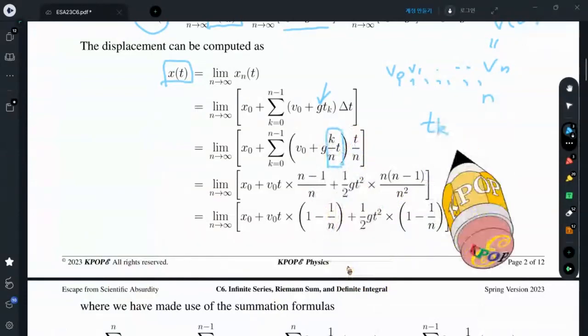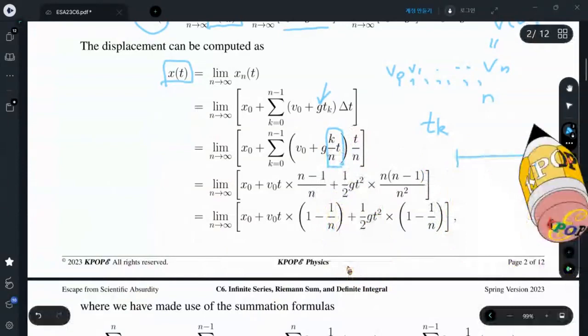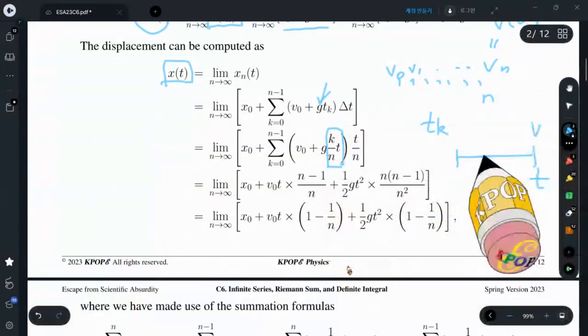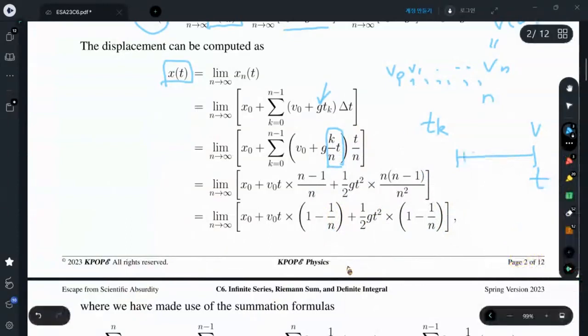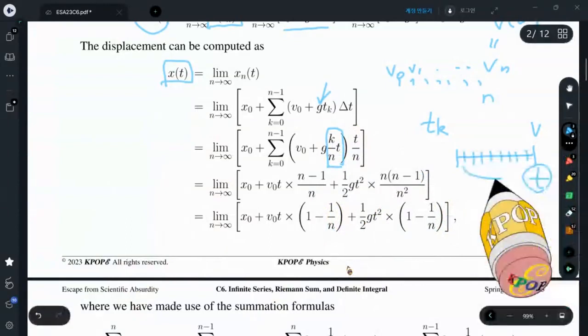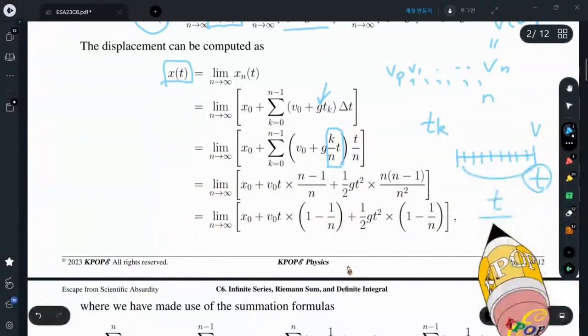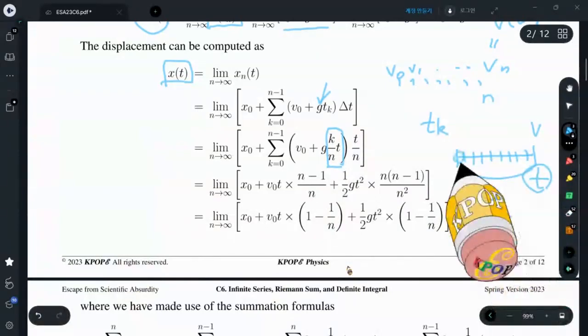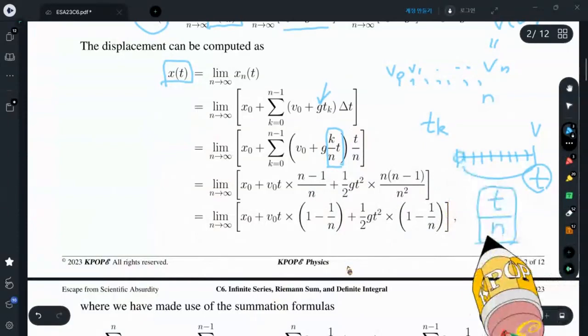So what we want to measure is the velocity at time t, and what we'd like to do is slice this finite time t into n pieces, each t over n. So this tiny piece is a small time interval.